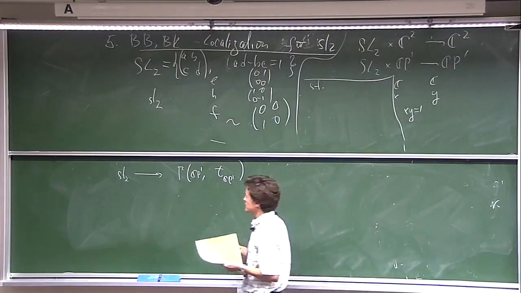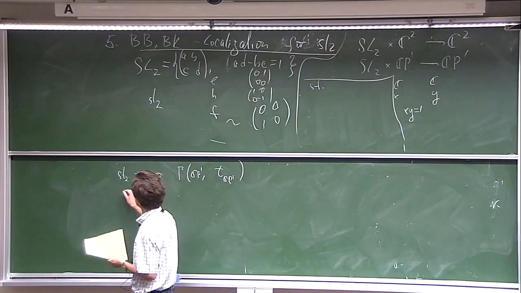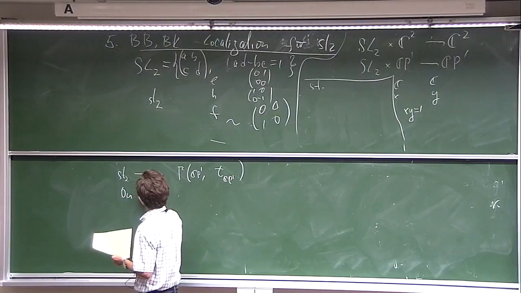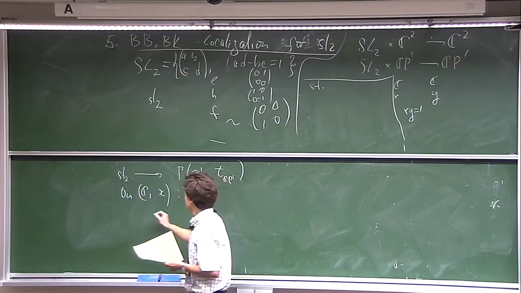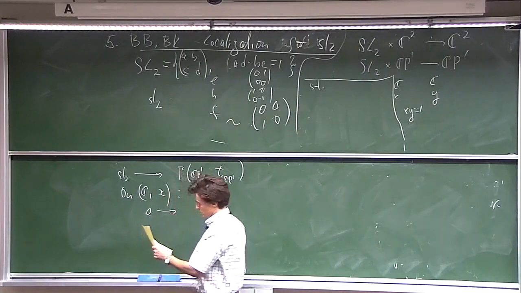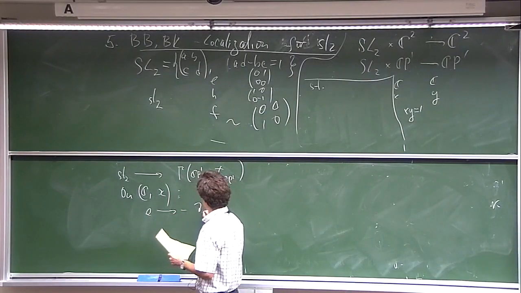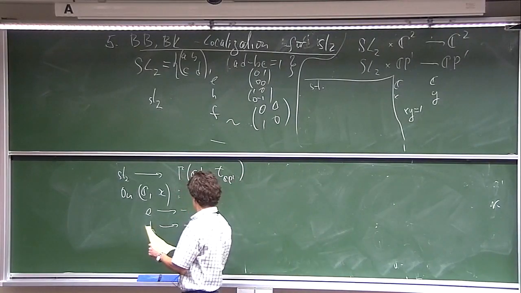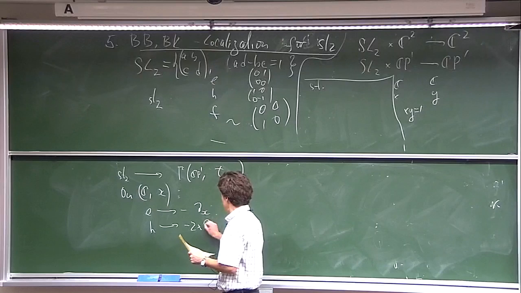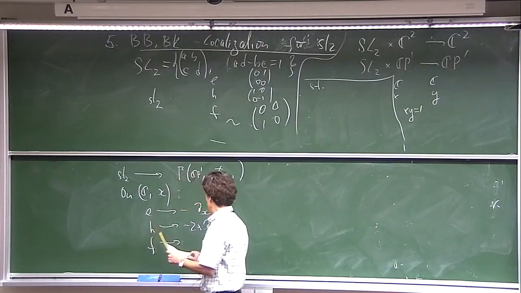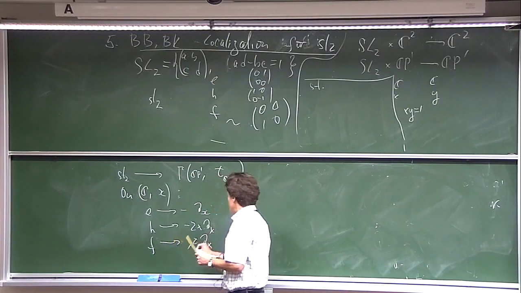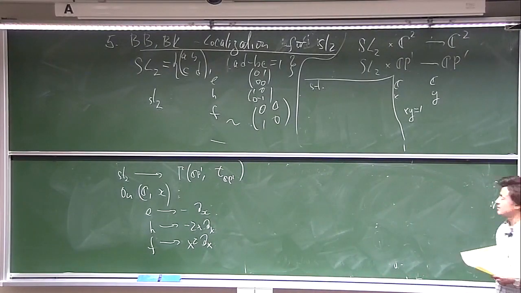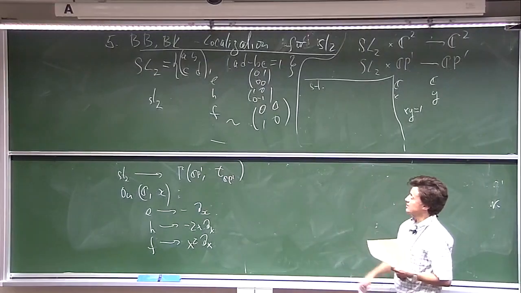You make some obvious choices, then on some C with coordinate x, E will be presented as minus dx, H as minus 2x dx, and F as minus x squared dx. So again, people who are not quite too familiar with all of this are encouraged to carry out all the necessary computation.